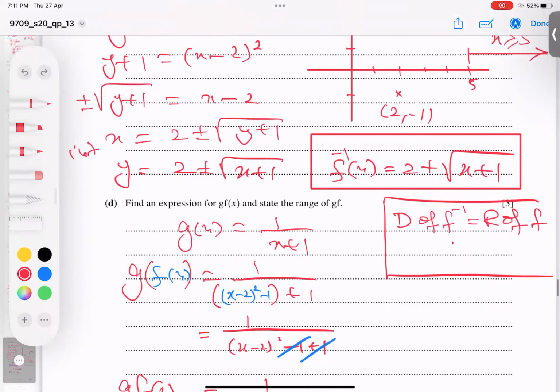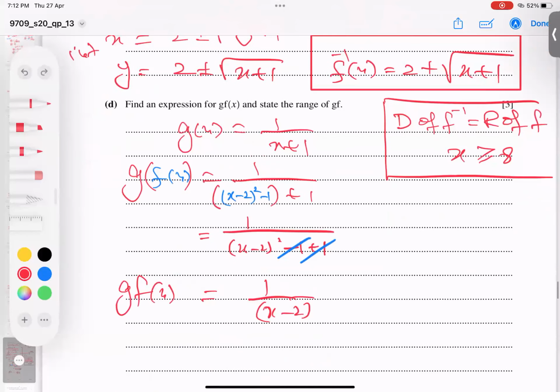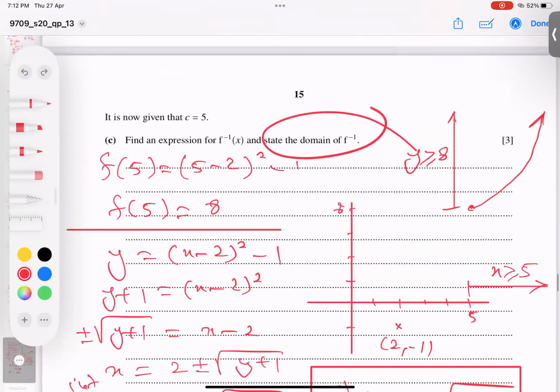This: y is bigger than or equal to 8. This is the range of the function. I will just replace the variable y and make it x. Why, sir? The reason is very clear: domain always stands for x. So it is a basic technique: you first write the range of the function, then you change the variable. That's it. Alhamdulillah. This is the answer for this part, which I missed before.